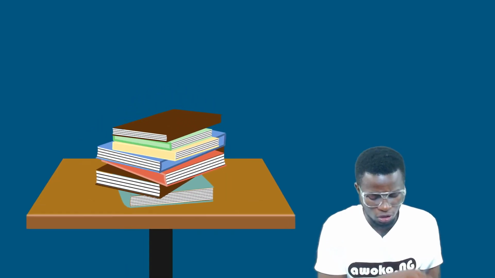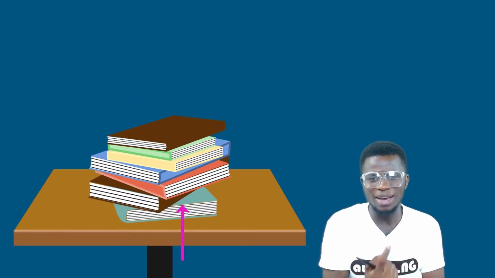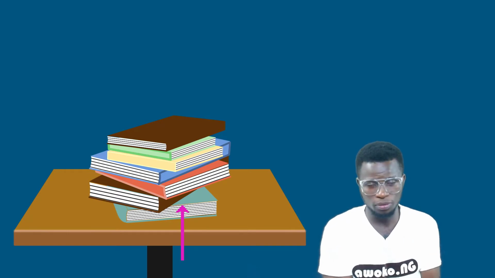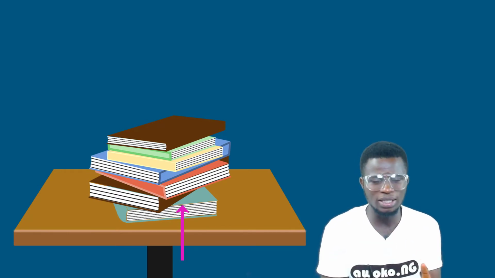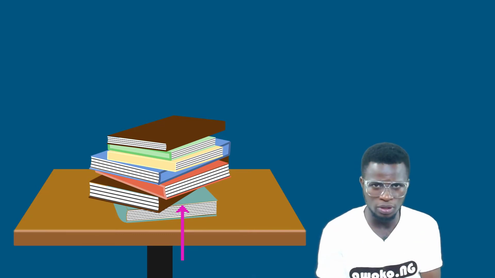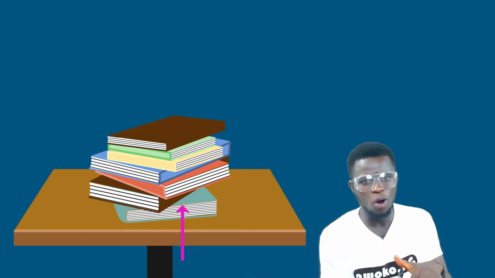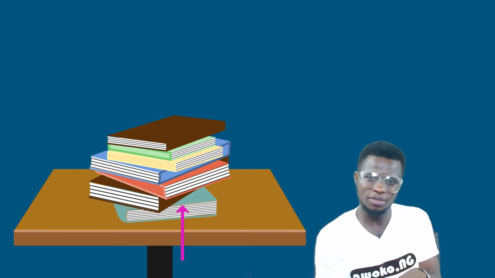Is that okay? Now the surface is exerting an upward force on the book. Is that okay? And what is the reason for this upward force? It is so as to support the weight of the object on it.